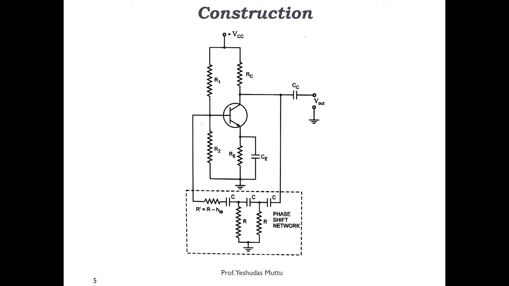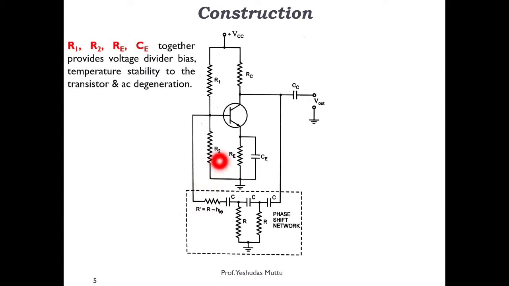Let's have a look at the construction. This diagram is the basic amplifier and this is your phase shift network. We are supposed to explain each and every component because it's a construction. R1, R2 is a voltage divider. RE and CE are basically to provide temperature stability and AC degeneration.